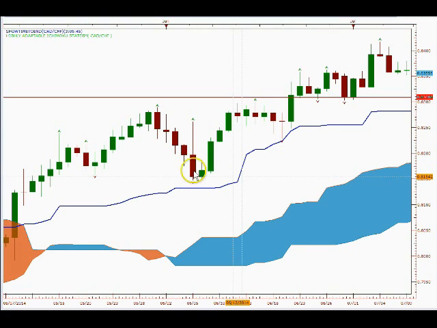Okay, and it closed within the close of the previous candle, so it's within the mid-range and above the close. So that formed what we know as a dark cloud cover, and then the next candle closed above this level here, which now made this a three inside up pattern.